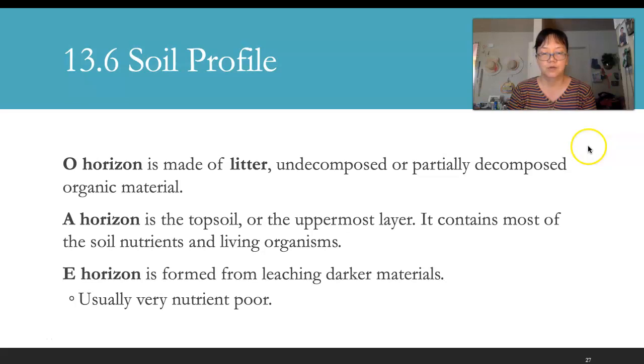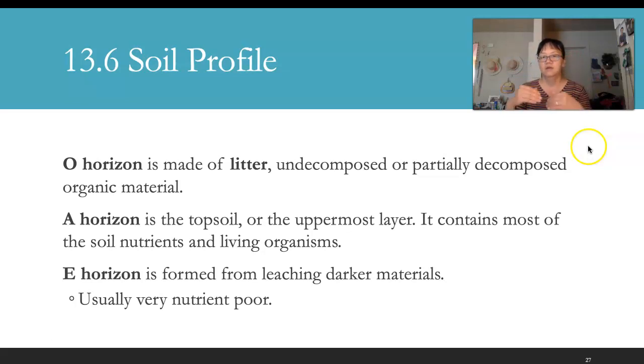It's called the topsoil. The E horizon is very nutrient poor. It's formed from leaching of darker materials. So imagine the surface of the soil. The nutrients and decomposition always happen on the surface, and when there's rainfall, those nutrients leach underneath.